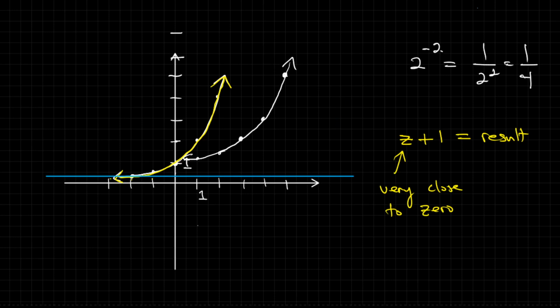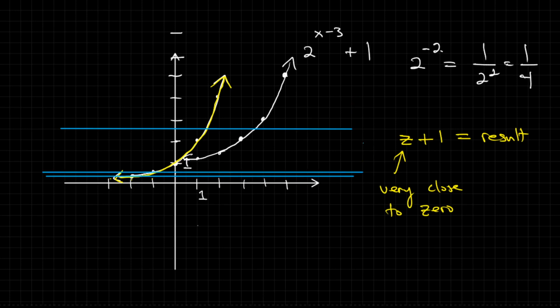Now, for our transformed graph, 2 to the x minus 3 plus 1, everything gets shifted up by 1. So if we think about drawing horizontal lines and asking if we get intersections, if we draw a horizontal line at a y value bigger than 1, we do get an intersection, but now, since all of the y values are moved up by 1, we do not get an intersection with the graph 2 to the x minus 3 plus 1 if the y value is less than or equal to 1.